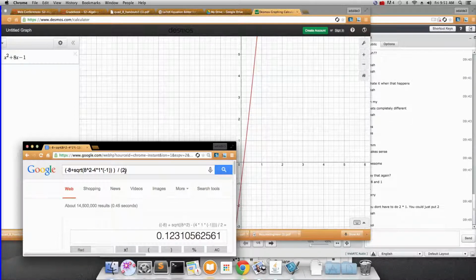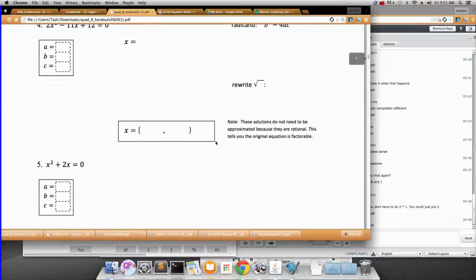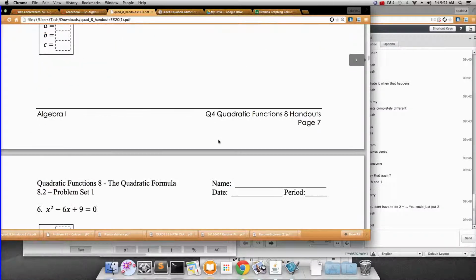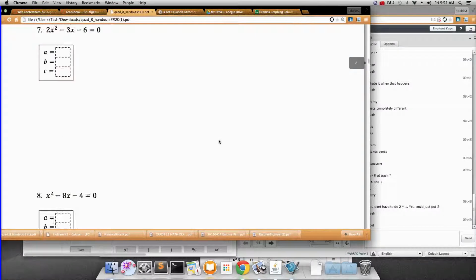All right. And really, I hate to say this, but really the rest of this stuff is just plug and chug. You plug it into the quadratic equation, you chug it out.